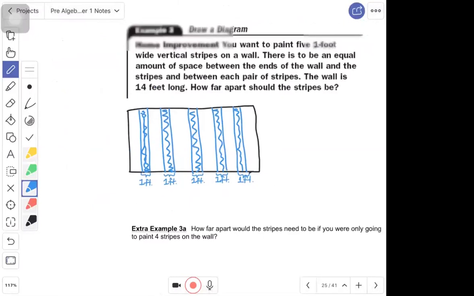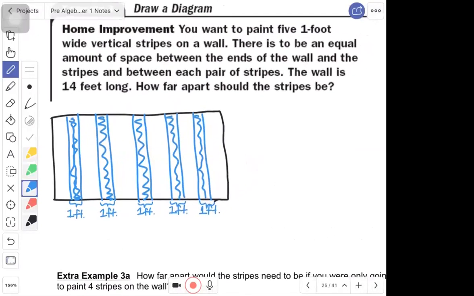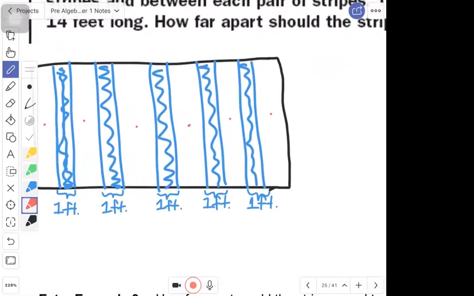And next, they're saying there is to be an equal amount of space between the ends of the wall, which are here, and the stripes, and between each pair of the stripes. So each of those lengths there are the same. But we don't know that length right now. So let's make that X. Let's do it down here.